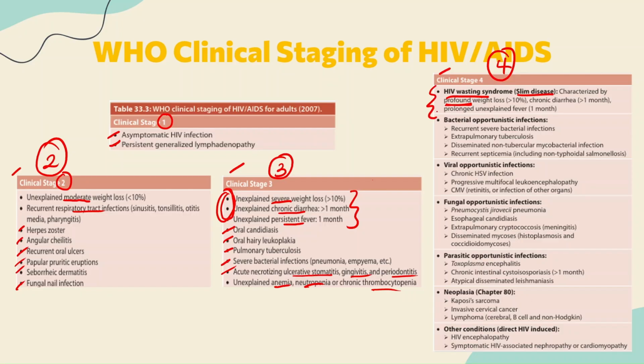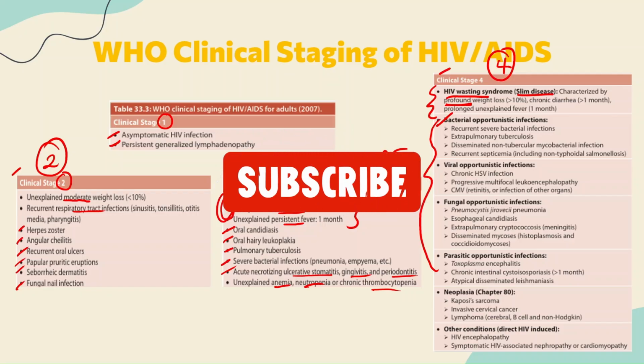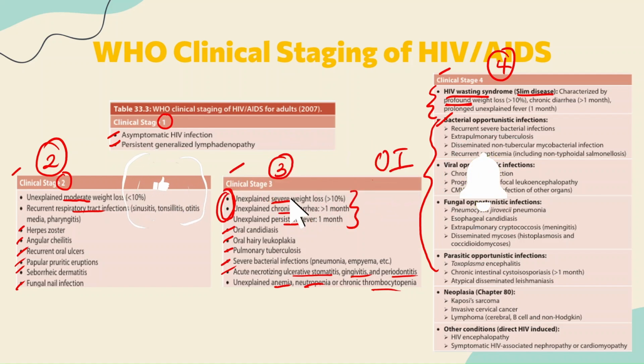Along with that, stage 4 is characterized by the presence of opportunistic infections. Bacterial opportunistic infections like recurrent severe bacterial infections, pulmonary tuberculosis, extrapulmonary tuberculosis, and mycobacterial infections. Those are all bacterial opportunistic infections. Viral opportunistic infections like HSV infection, CMV infection, you can remember over here.